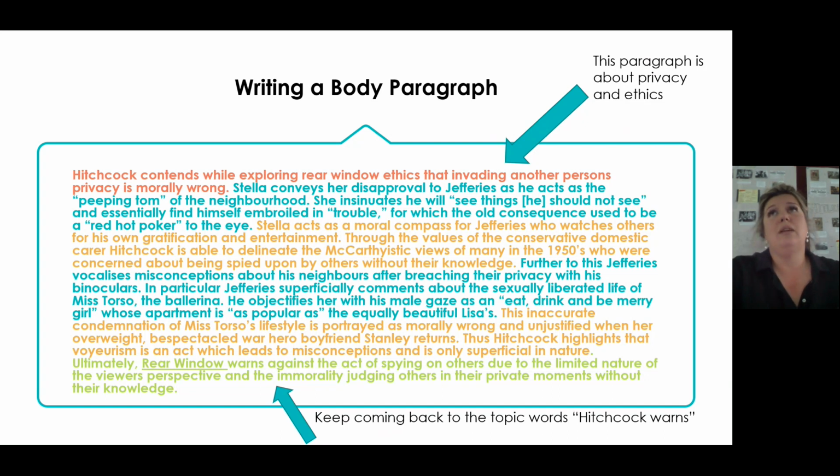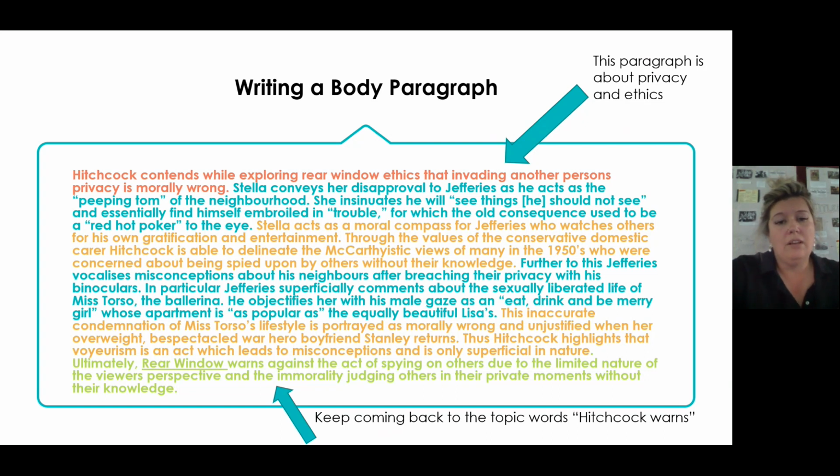Now, before I move on to another example, I need to explain why what Stella said relates to the essay question. "Stella acts as a moral compass for Jeffries, who watches others for his own gratification and entertainment.